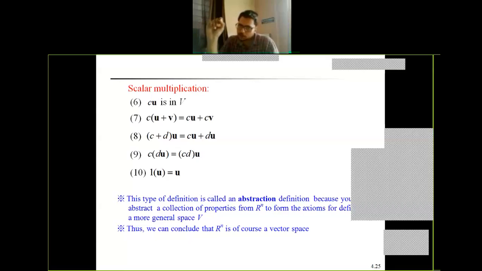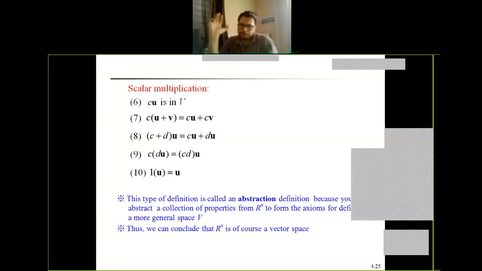Likewise, 1 into u equal to u is called scalar multiplication identity. It tells us that if you multiply any vector by 1, we get the same vector, just like if we add the zero vector to any vector, we get the same vector.